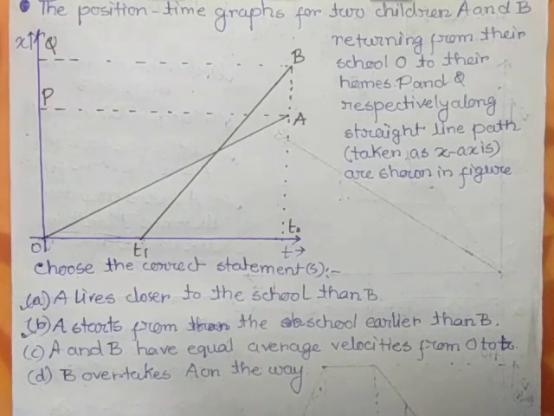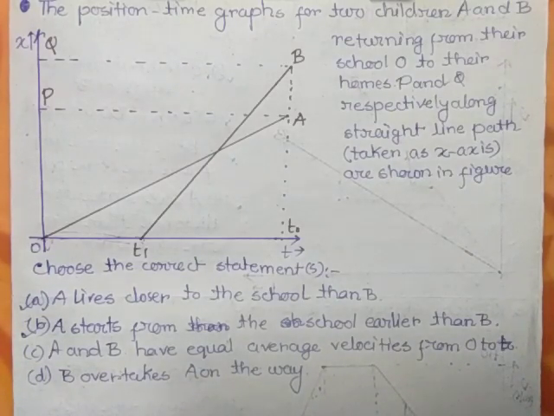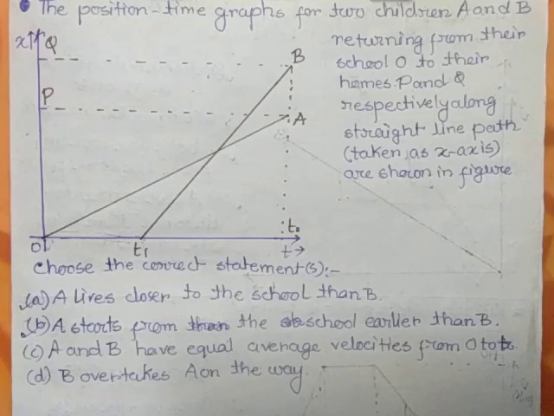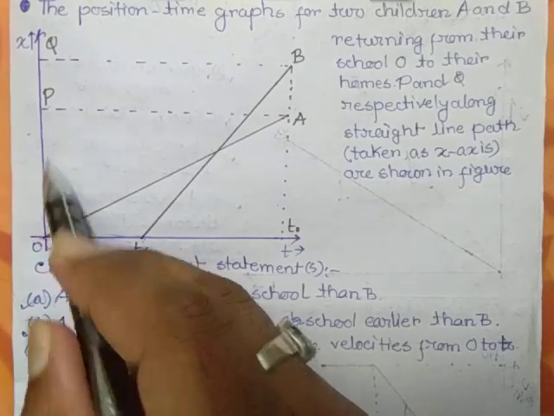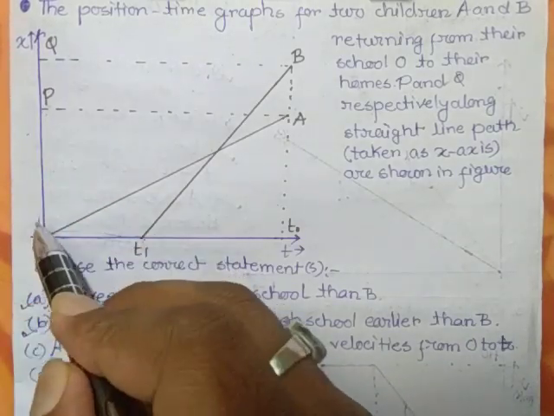A and B have equal average velocities from 0 to t0. It is said so because the average velocity depends not on the instantaneous values but on the total distance covered divided by total time.